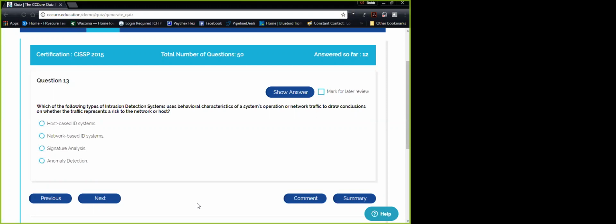Well, let's see. Behavioral characteristics, it'd be anomaly detection. Yep, because it's going to create the baseline based on the normal behavior and look for anomalies to that. So yeah, I would agree. Anomaly detection.